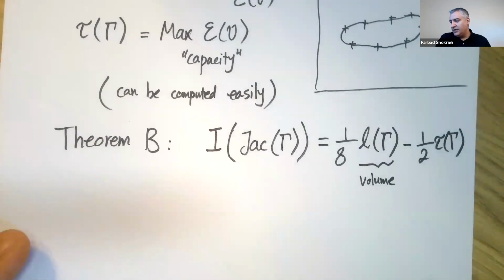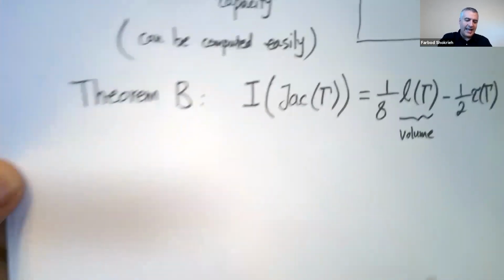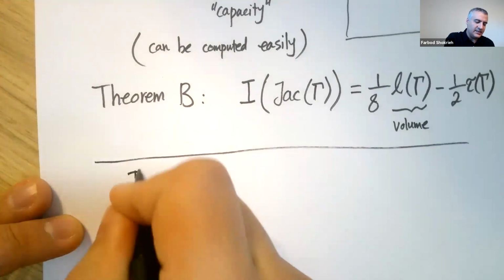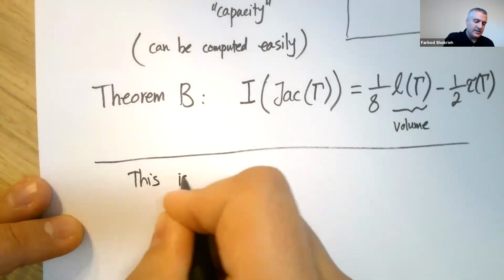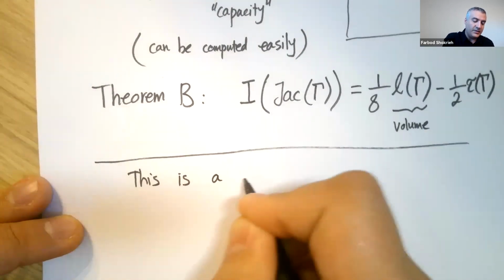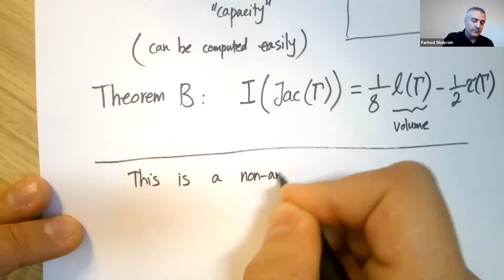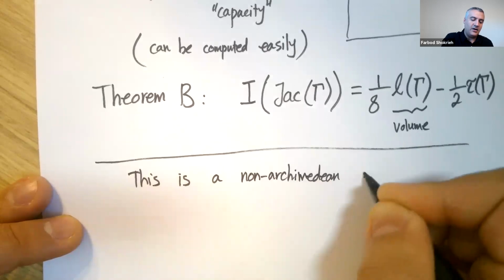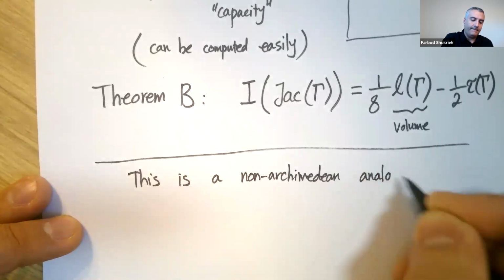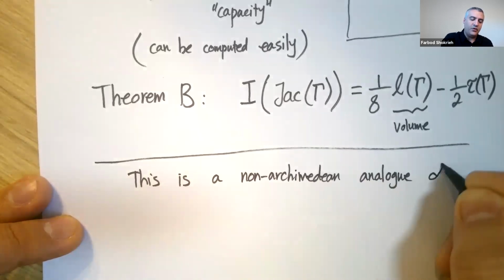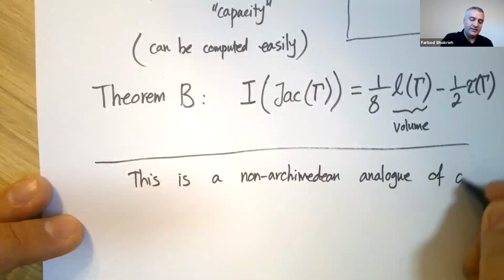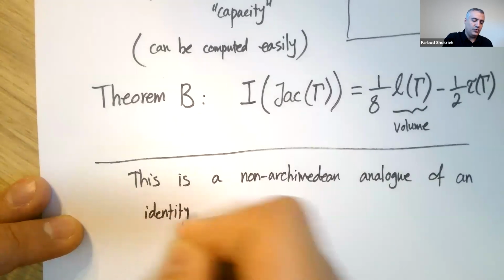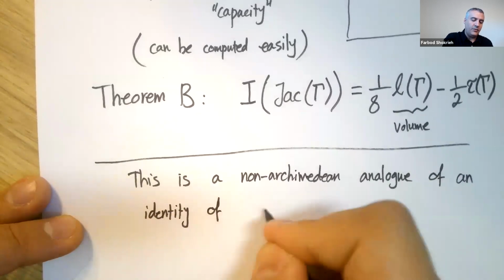All right, so let me end by making a couple of remarks. This identity is a non-Archimedean analog of an identity due to Robert Wilms.